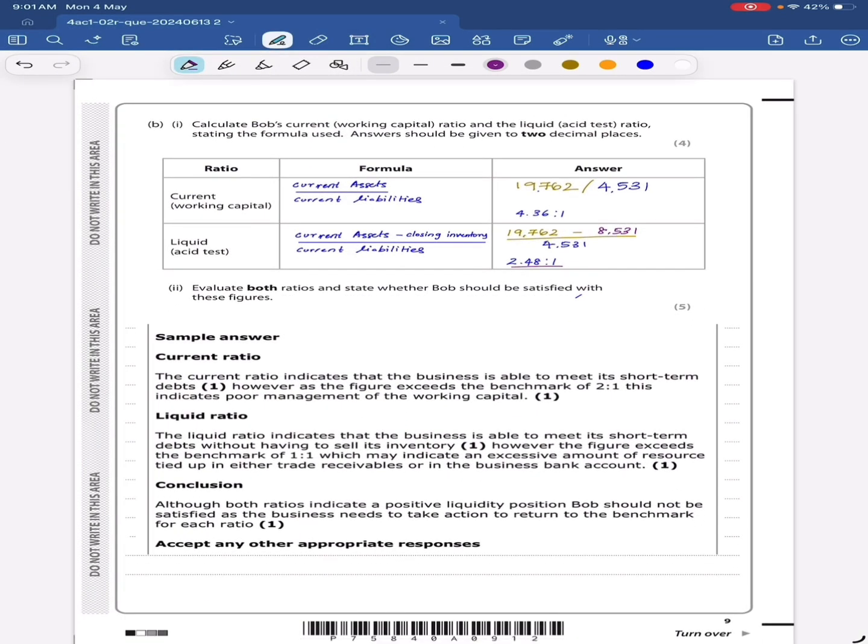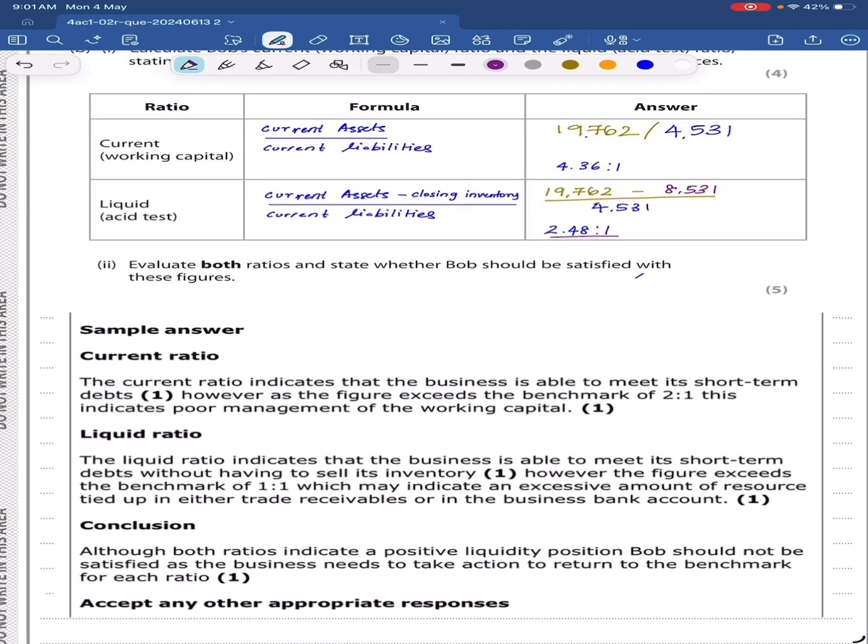Next question. Evaluate both ratios and state whether Bob should be satisfied with these figures. Remember, for current ratio, the industry standard should be 2:1, and for liquid ratio, it should be 1:1. This should be the industry standard. So it shouldn't be below this, it shouldn't be higher than this.